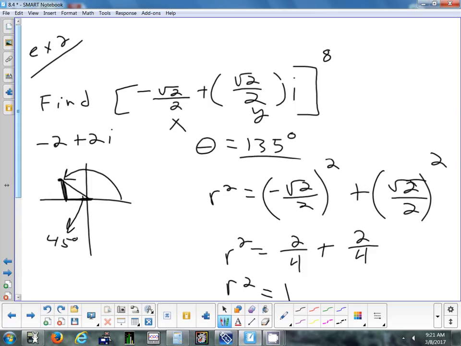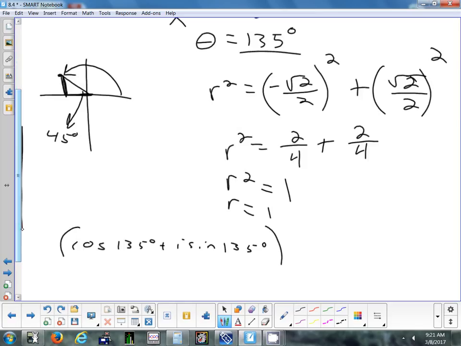It would come out to the square root of 8. Oh, okay. Any questions on how we got the angle or the radius, which we don't really need?